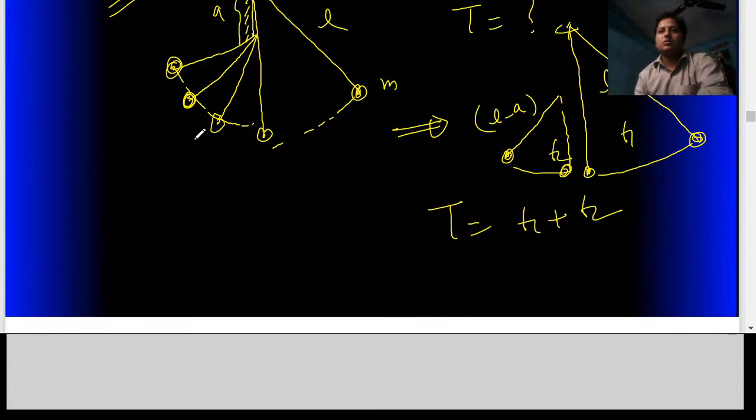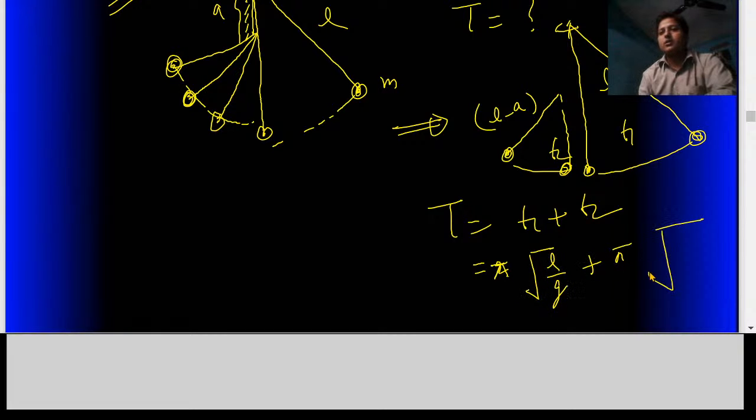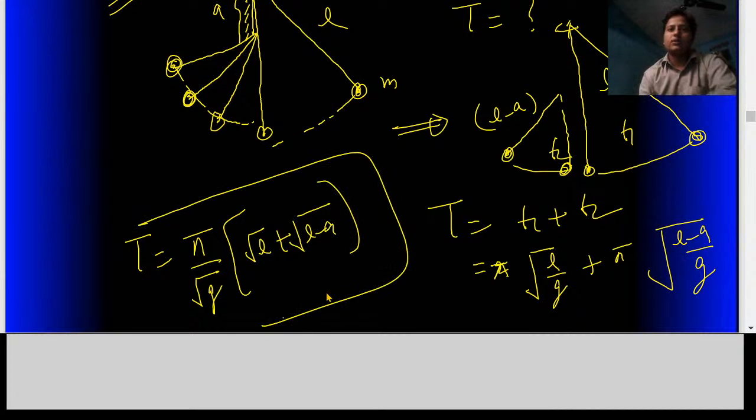Obviously the time period depends only on the length, so T1 is pi under root L over g, and T2 is pi under root (L minus a) over g. So the total time period comes out to be pi over root g times (root L plus root (L minus a)). This is our required time period.